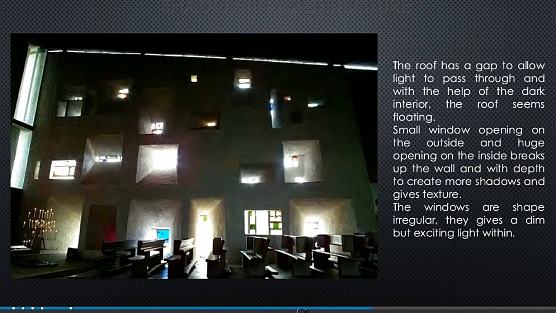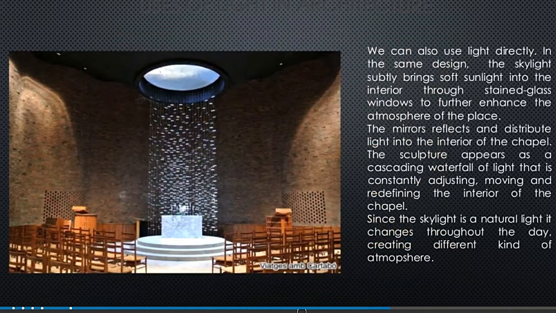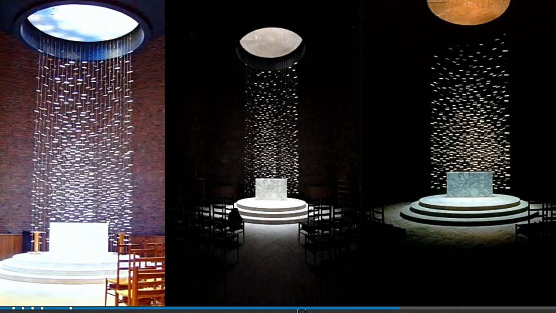Ito naman yung isang design ng isang sikat na master of architecture. Parang kay Le Corbusier yata ito, using shadow and light. So ito yung mga example pa ng ibang building na gumagamit ng natural light galing sa sky or galing sa itaas.